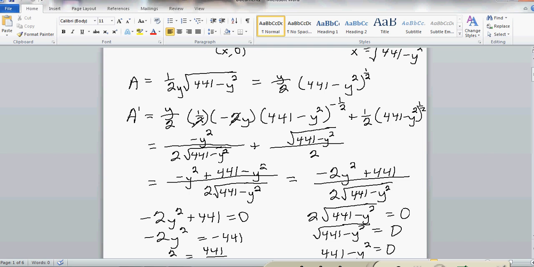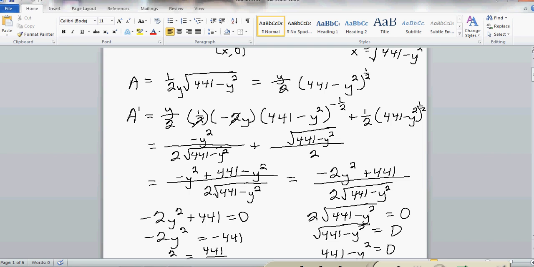This is positive, so that will all be positive. If I plug in 18, I get negative 2 times a fairly big number. This will be negative, and this will be positive, so it'll be negative after that point. And then, of course, if we plug in, say, 22, this becomes a big negative.